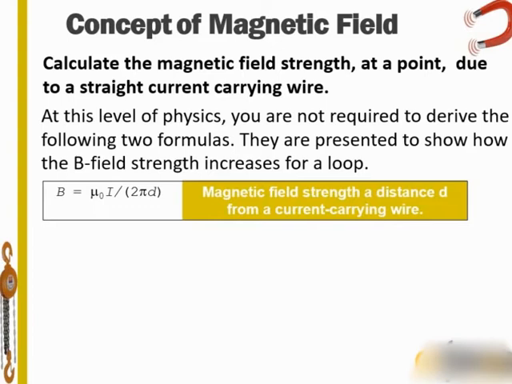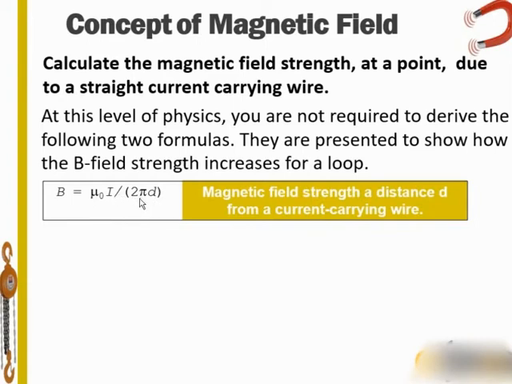Now, the first equation is the one which is given to you here on the screen, and you can see that this equation tells you that the magnetic field strength, B, is equal to mu, which is this funny looking symbol here, multiplied by the current, I, and that's all divided by 2 pi d.